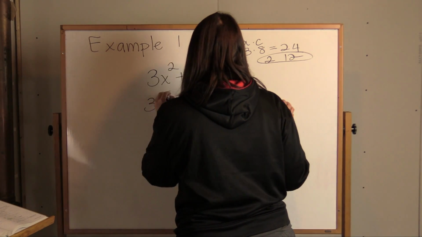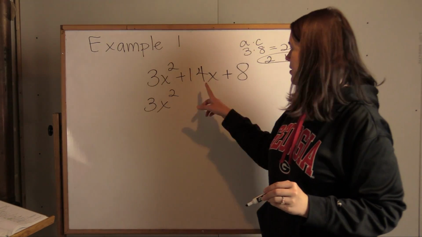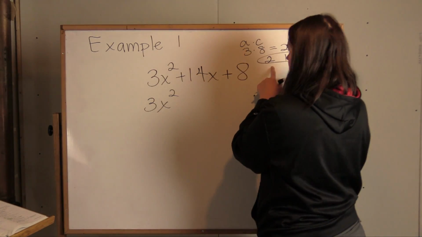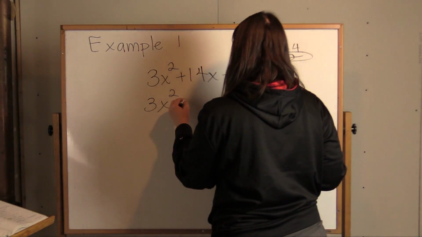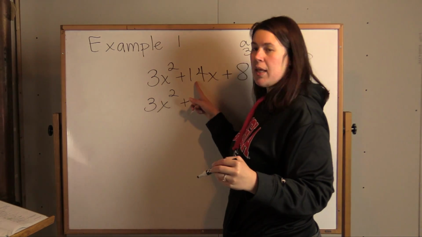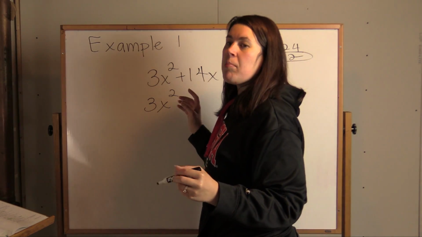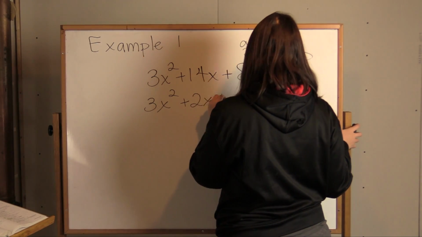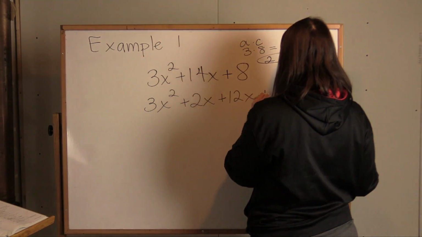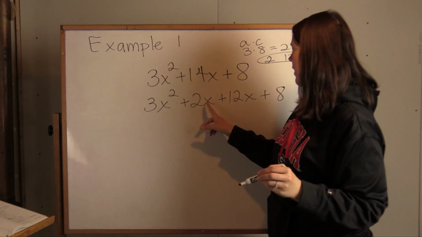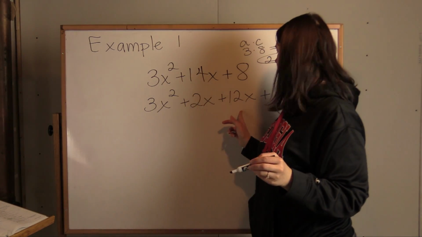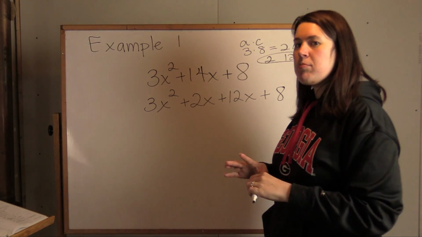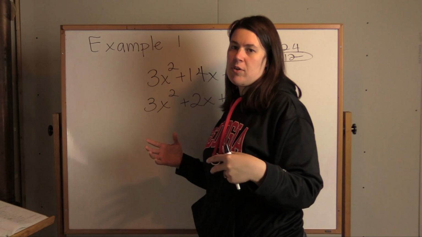I rewrite 3x squared, but instead of writing plus 14x, what I'm going to do is take my two factors and put them in place of the 14x, but it still makes it a true statement. So plus 2x plus 12x plus 8. If I were to add these like terms, 2x plus 12x, I still get 14x. So I'm not changing the value of anything. I'm just rewriting it in a different view.